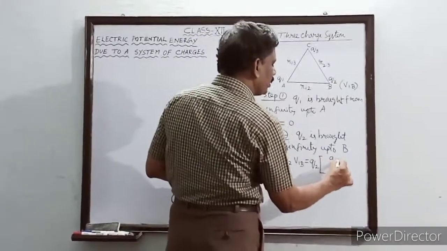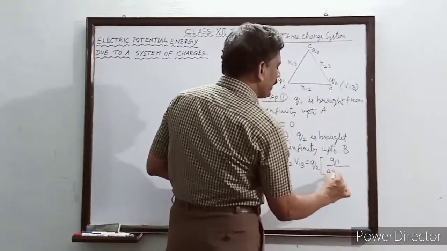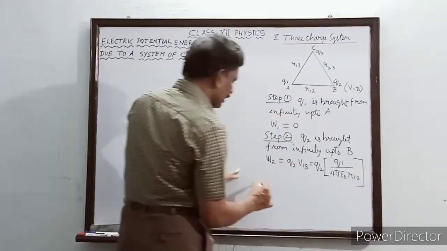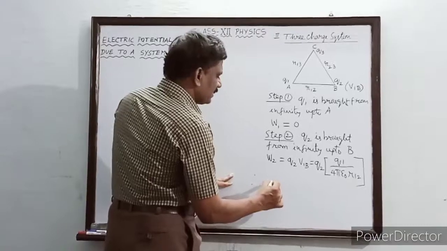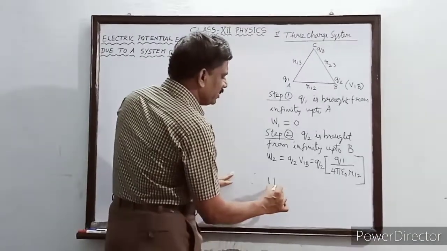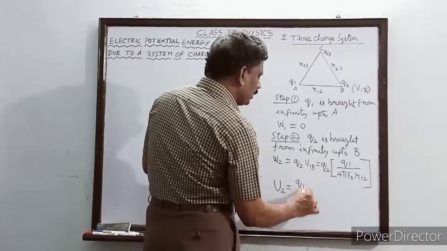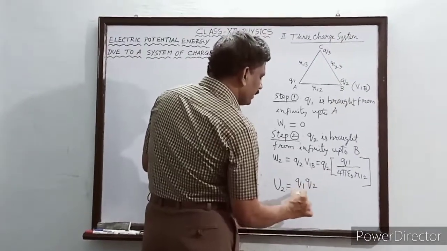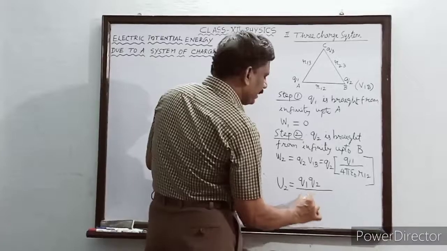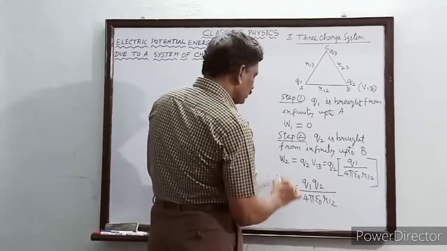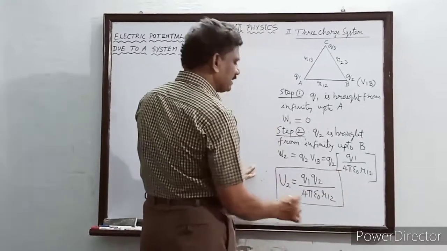So this is Q1 divided by 4 pi epsilon naught into R12. Therefore, the potential energy during this process, U2, is equal to Q1 Q2 divided by 4 pi epsilon naught R12. So this is the work done during the second step.